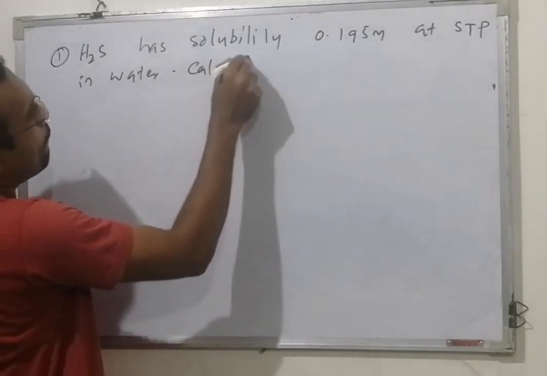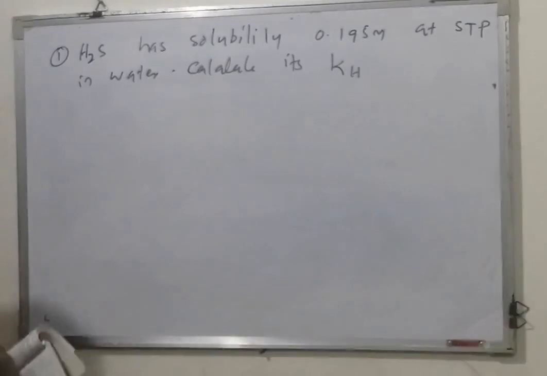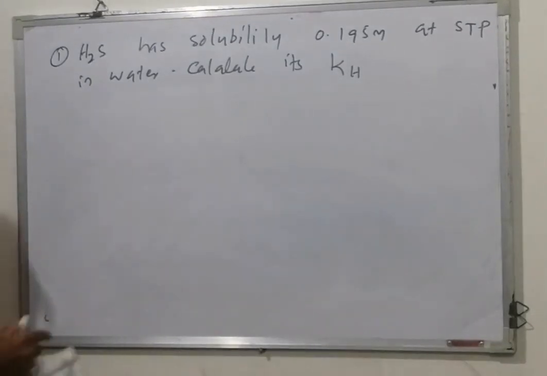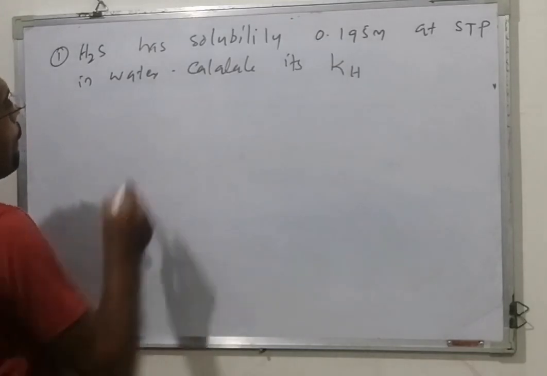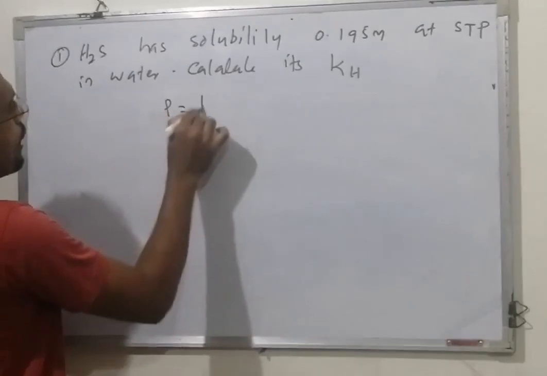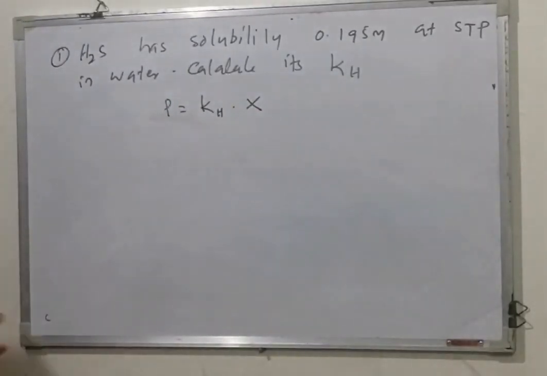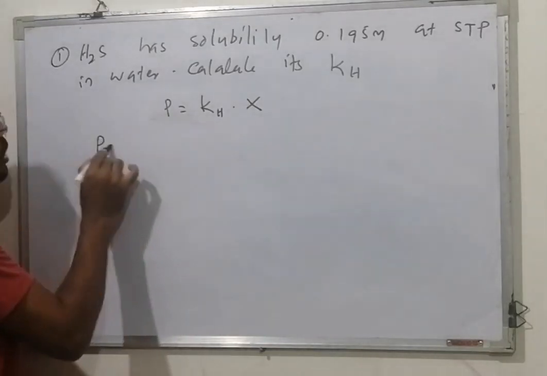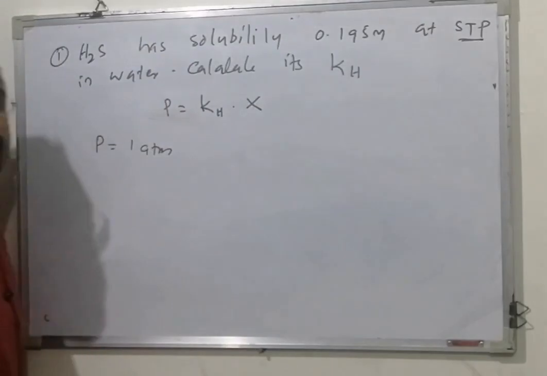Calculate its KH value. Our relation is P is equal to KH into mole fraction. This is our relation. P is 180 because at STP pressure is 180.